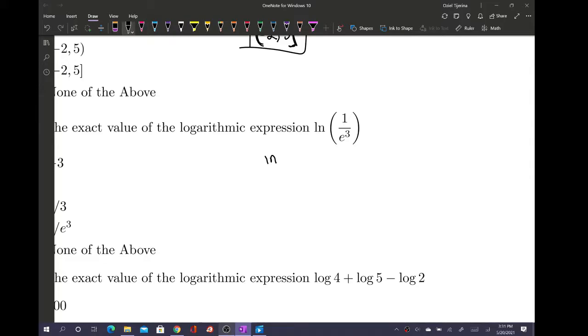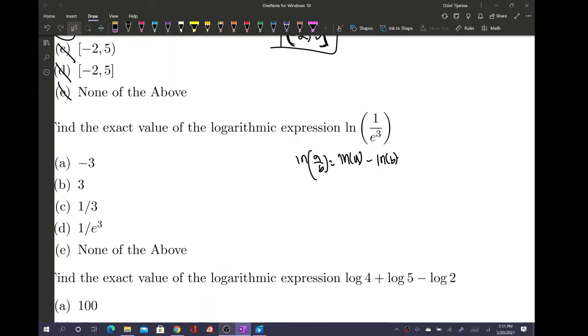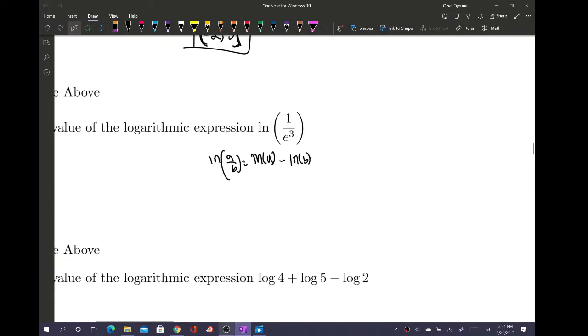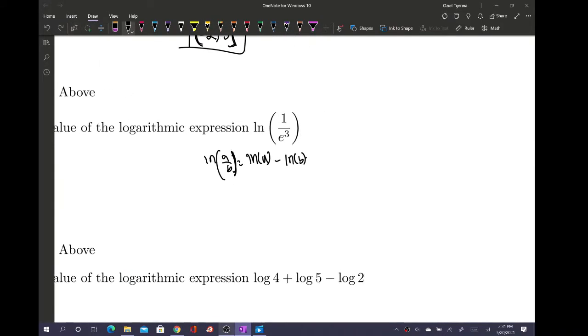Number one, if you know that ln of a over b equals ln of a minus ln of b, you can do that. So you would have ln of 1 minus ln of e cubed. However, ln of 1 is 0, so you get 0 minus the ln of e cubed.